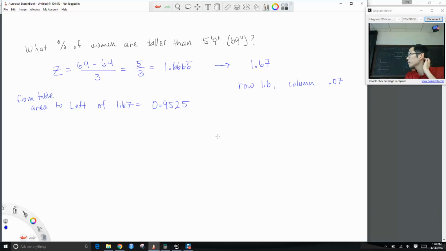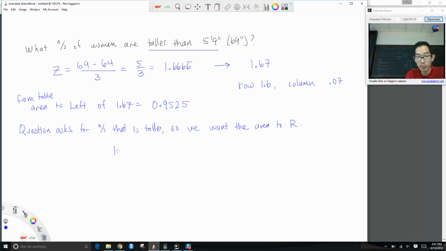Now we want the percentage of women taller than 5'9", so we don't want the area to the left, we want the area to the right.